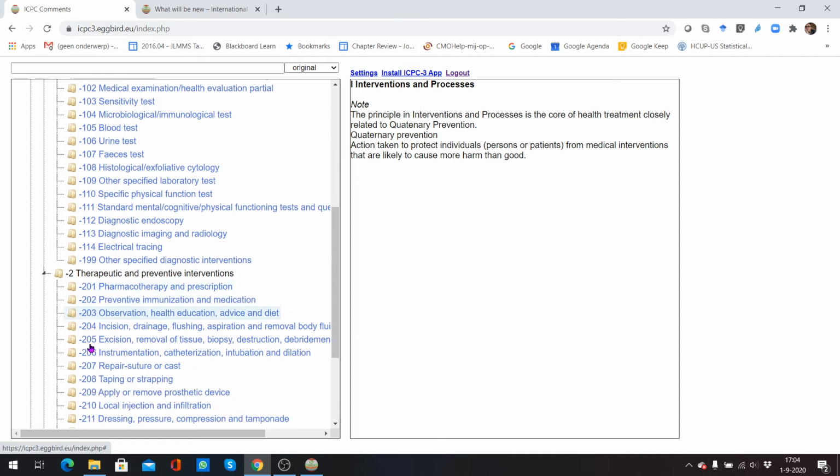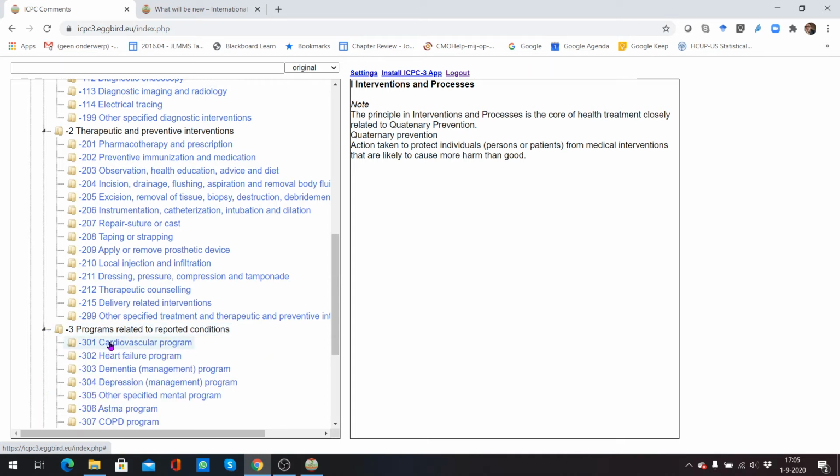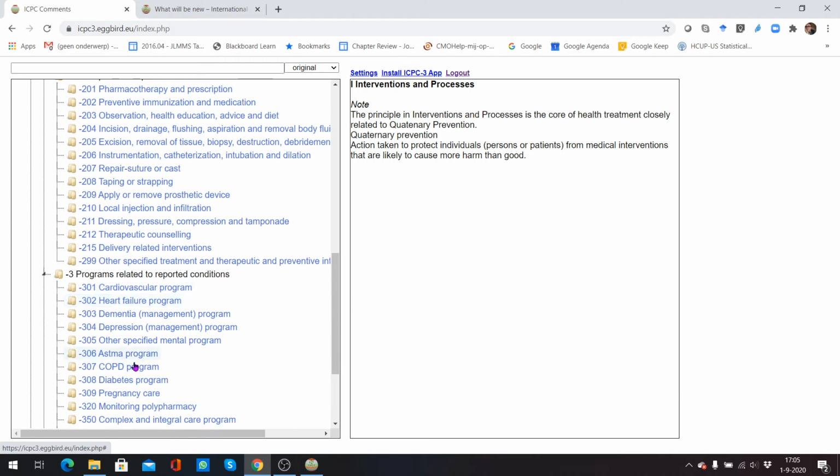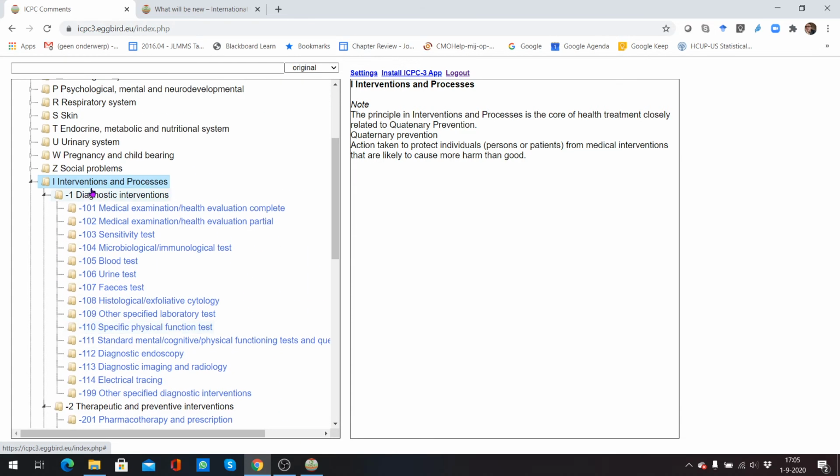And in addition, it's now possible to also record programmatic care, such as cardiovascular risk management, and we also have a program for frail elderly. I will close this chapter again.